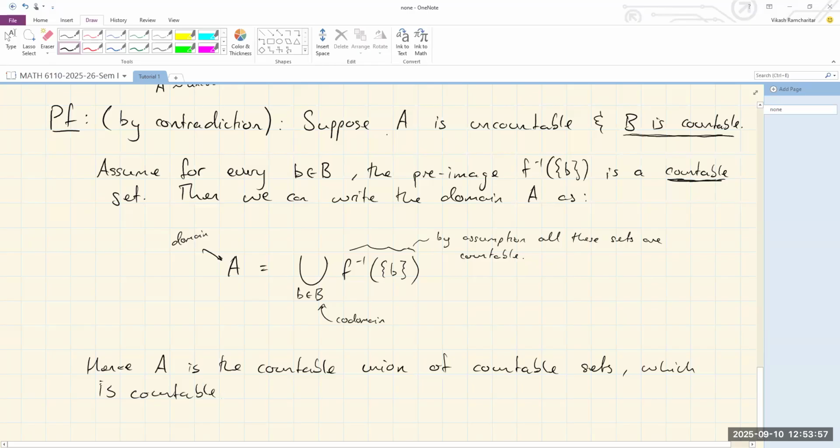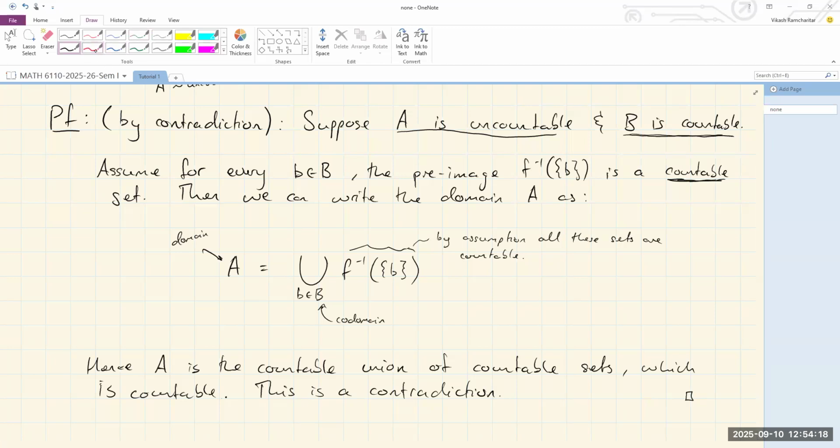Okay, but what do I know about A? Of course, A was uncountable. So that is a contradiction. Okay, so that's the contradiction right there. Therefore, what did I assume to begin with? We assumed this.